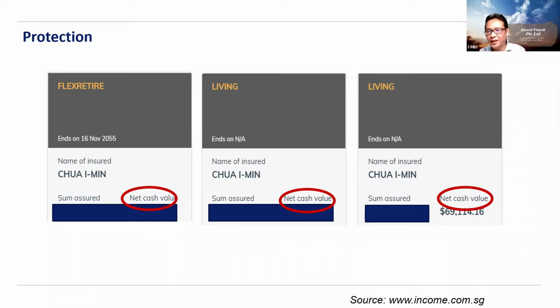A lot of people didn't know that there is a cash value from your life policy, and you can withdraw the cash value without affecting the insurance element. Of course, not all insurance policies are like this. Mine is, and this is why I don't need to keep additional cash as emergency fund.